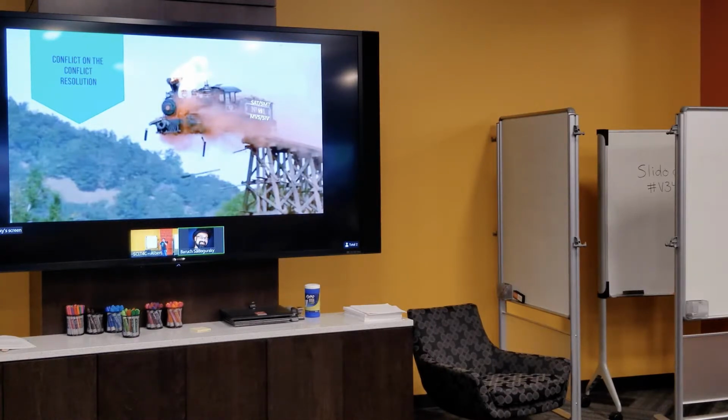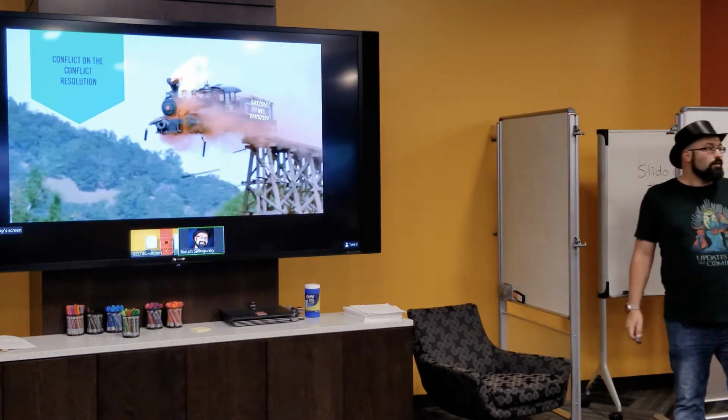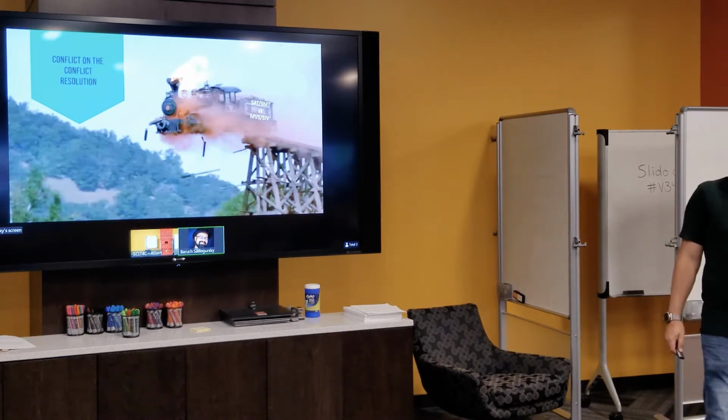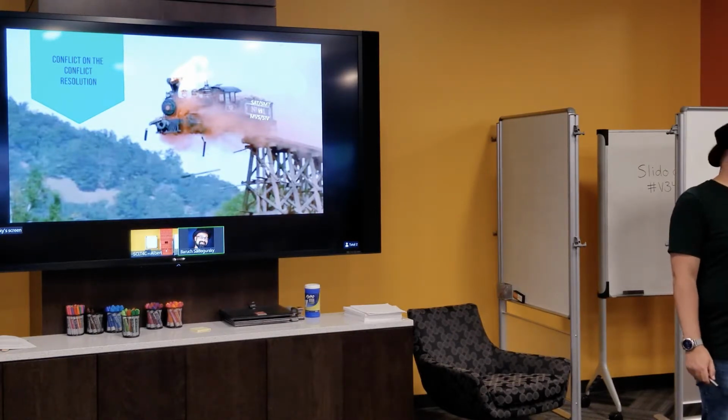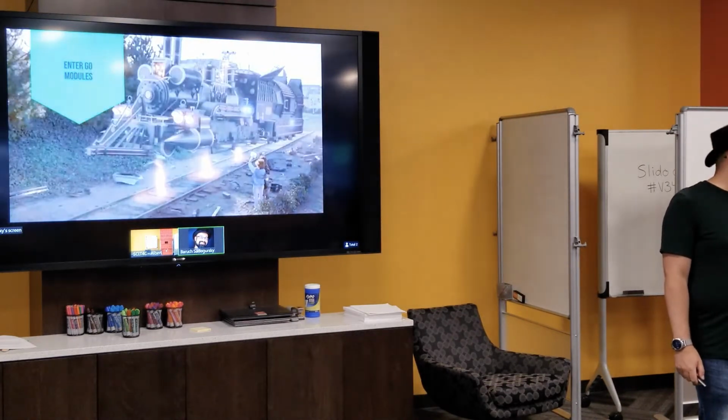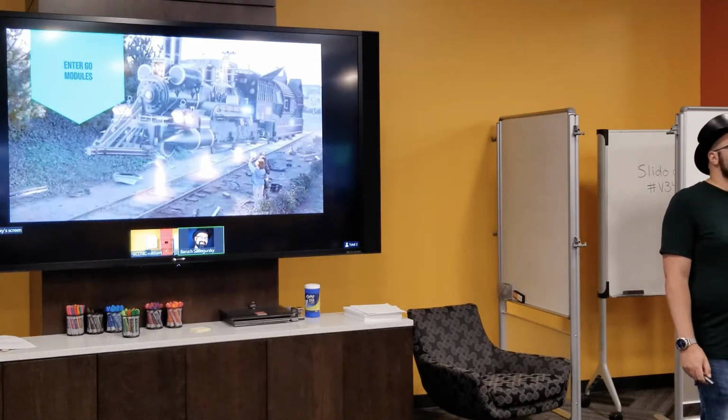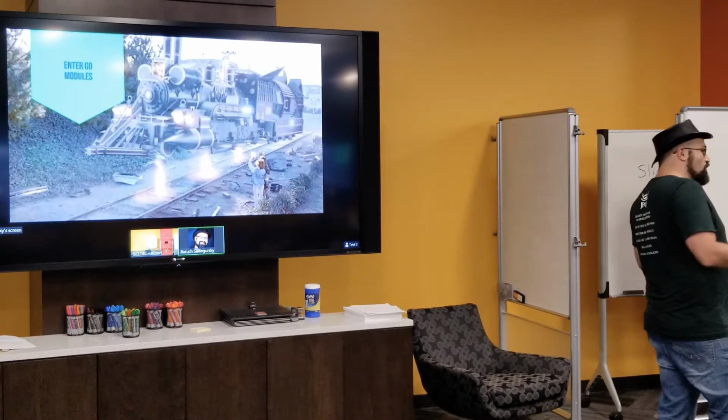It's all linked in the show notes, so you're more than welcome to go there and read both sides of the argument. But since Russ Cox is writing Go, he won. And now we're entering Go modules.